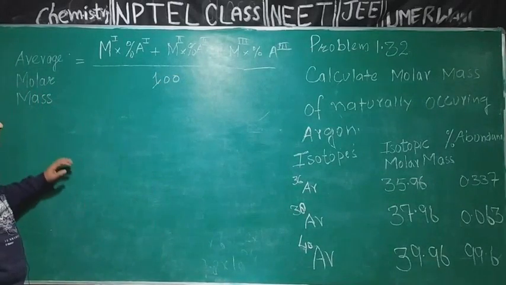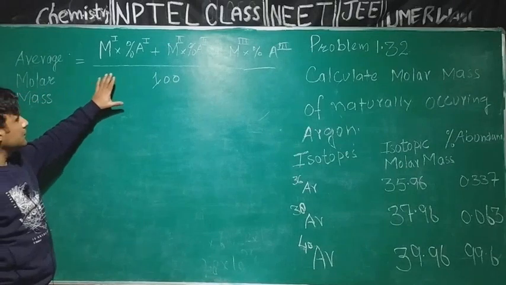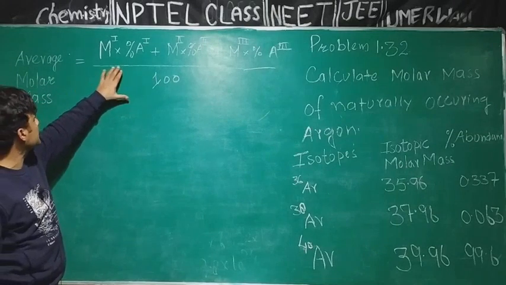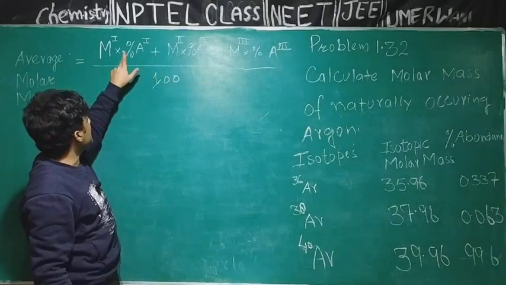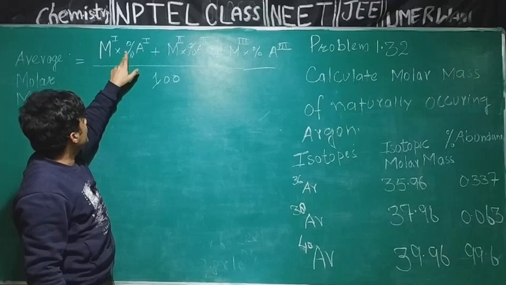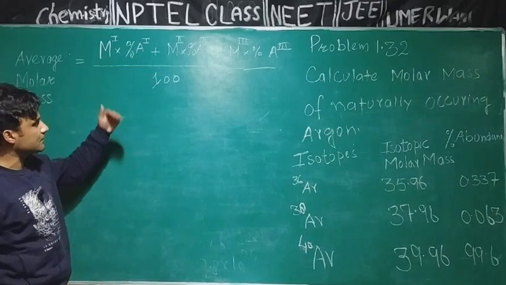So in order to calculate the average molar mass of argon, we will use this formula: average molar mass is the summation of products of molar mass and percentage abundance of all its isotopes divided by 100.